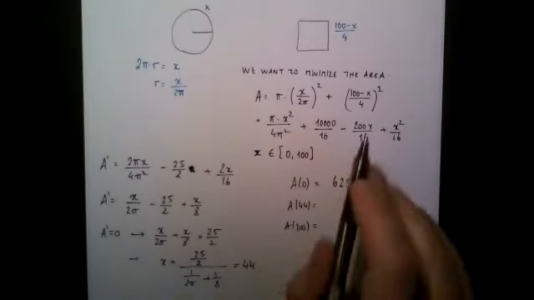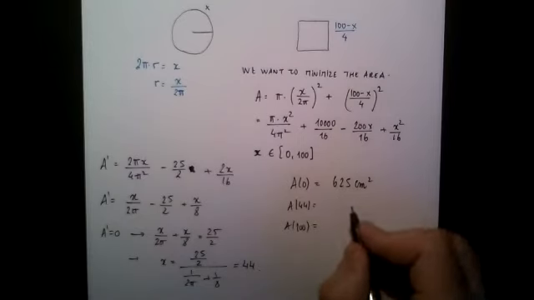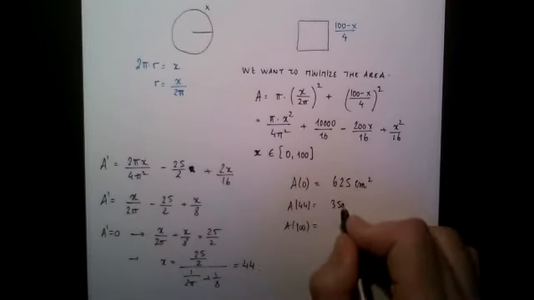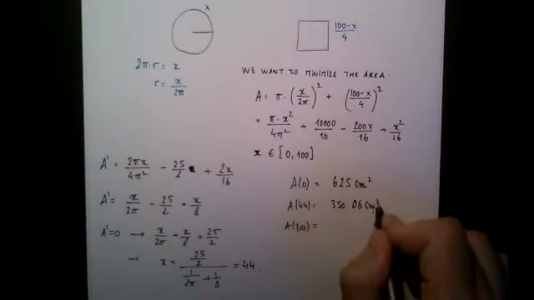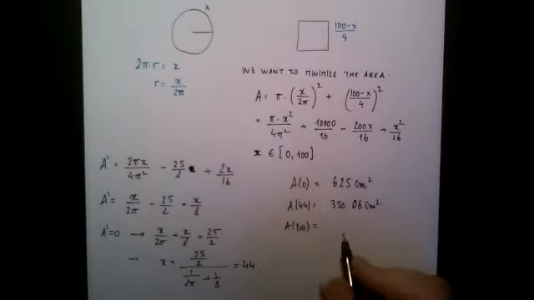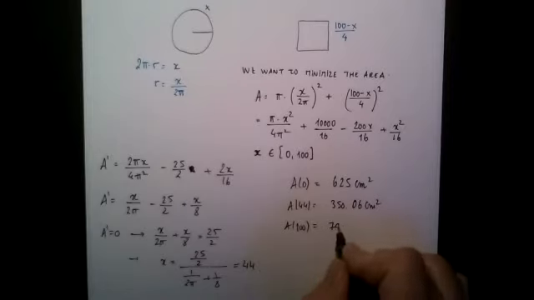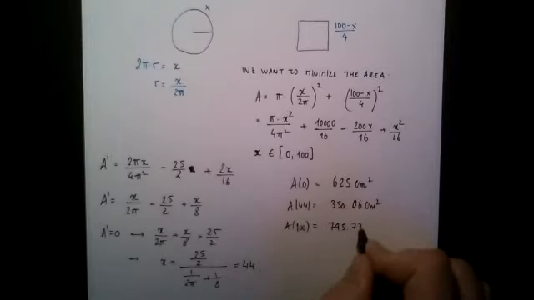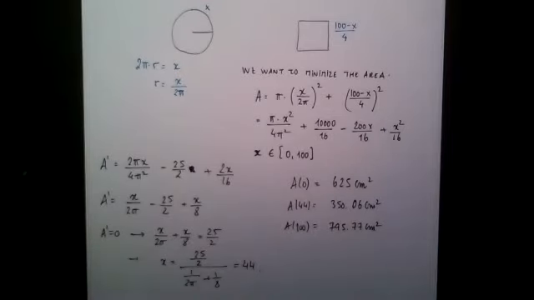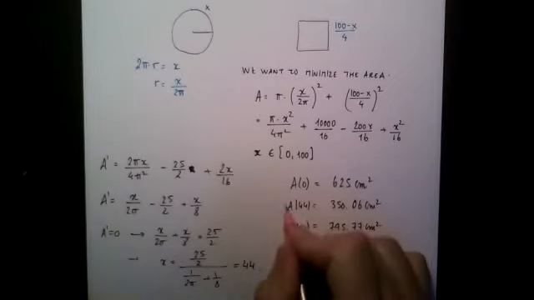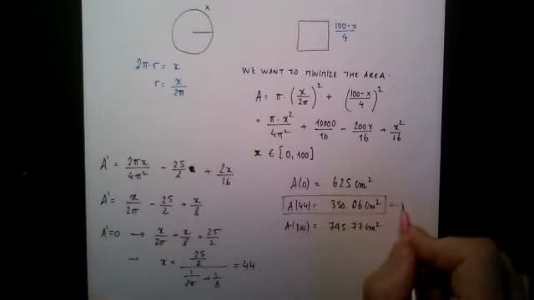If you plug in 44 here, I already did the calculation, you're going to get 350.06. And if you plug in 100 here, you will get 795.77 centimeters squared. As you see, this is the minimum, which is what we wanted.